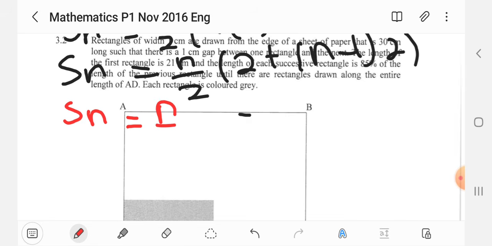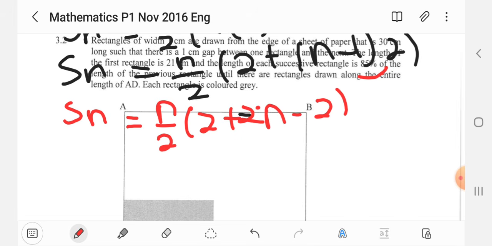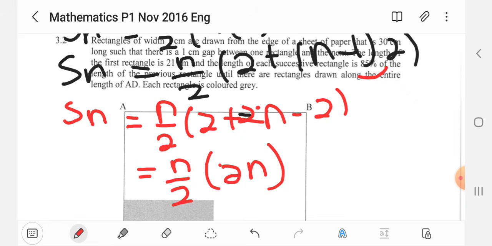Equals n over 2 into 2 plus 2 multiplied by n, that is 2n, like that. So we will have n over 2 times 2n inside.